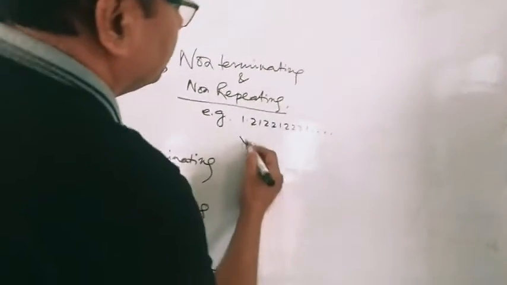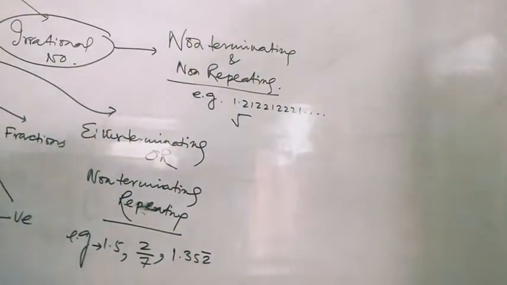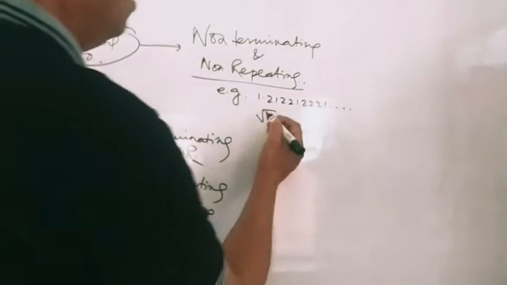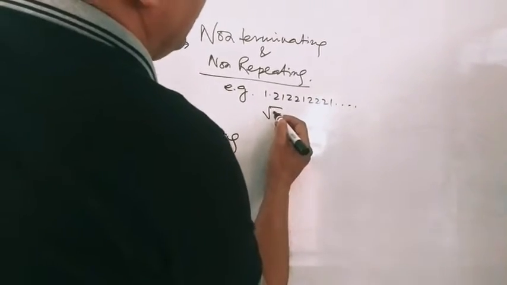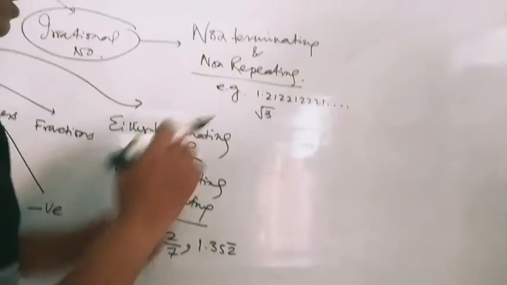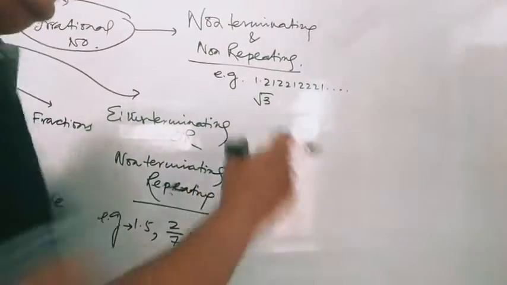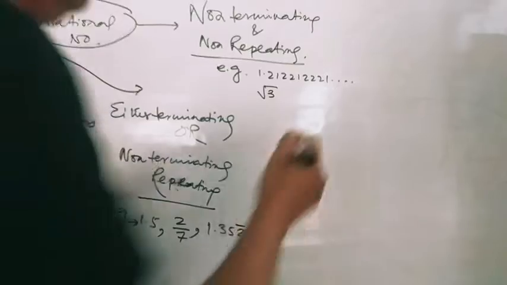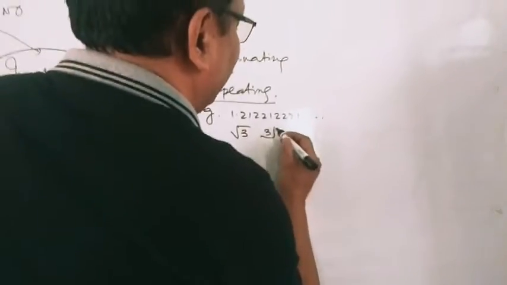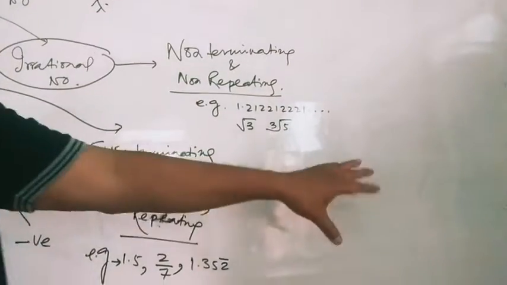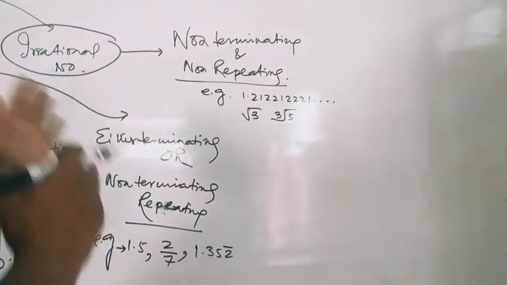Or put any number within the square root which is not a perfect square or perfect cube. Suppose we are writing here root 3. You cannot take this 3 out of this radical sign completely, and hence it is irrational. See, cube root of 5, again irrational, because 5 cannot be taken out from this radical sign completely.